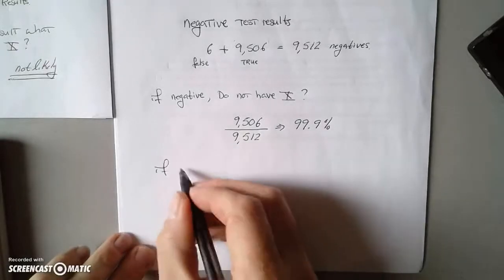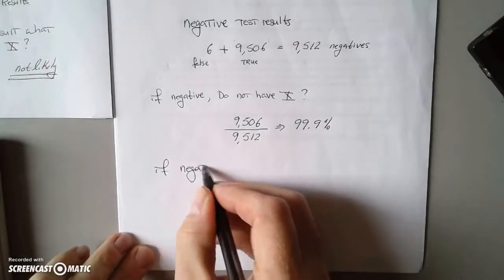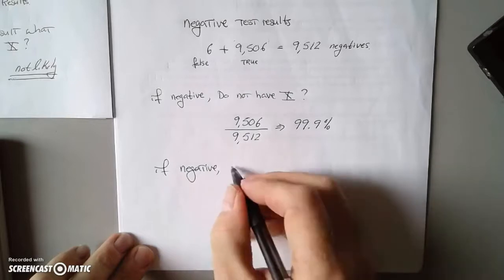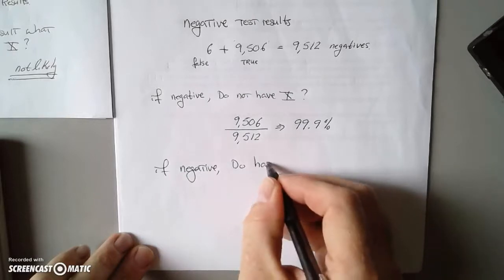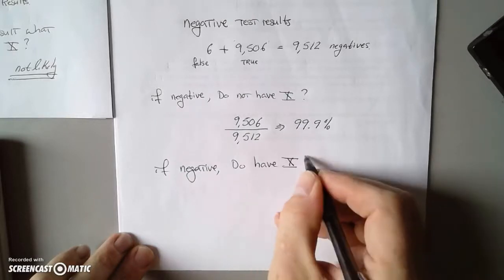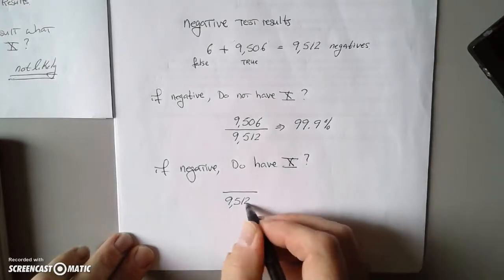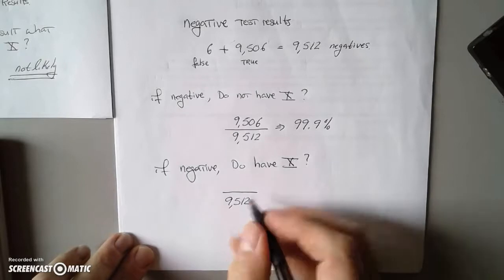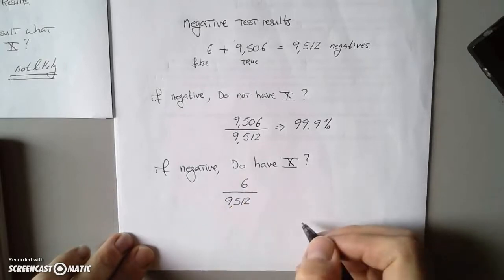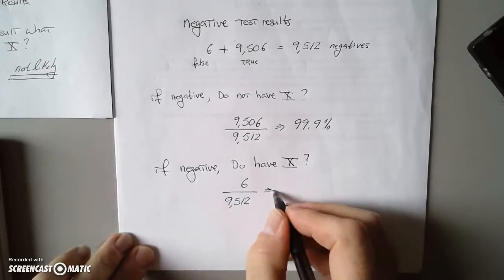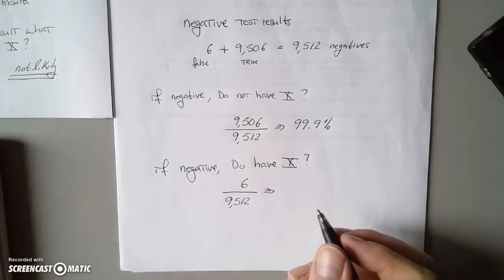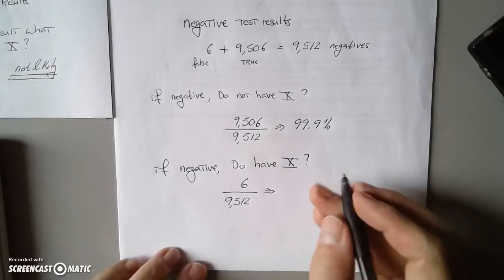If it's negative, what are the odds you do have X? Well, again, there are 9,512 negative results, and out of them is 6. Right? So this is just going to be the rest of the probability there. We could get this by dividing or by subtracting from 100%.